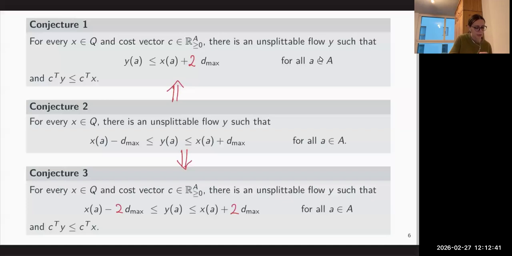The main application of the general theorem is really these implications between these different conjectures, which have been around in the area for a while, and where this connection was so far not known. Now let me introduce the general setting and the general result that we actually prove, which then implies these implications between these conjectures as a corollary.